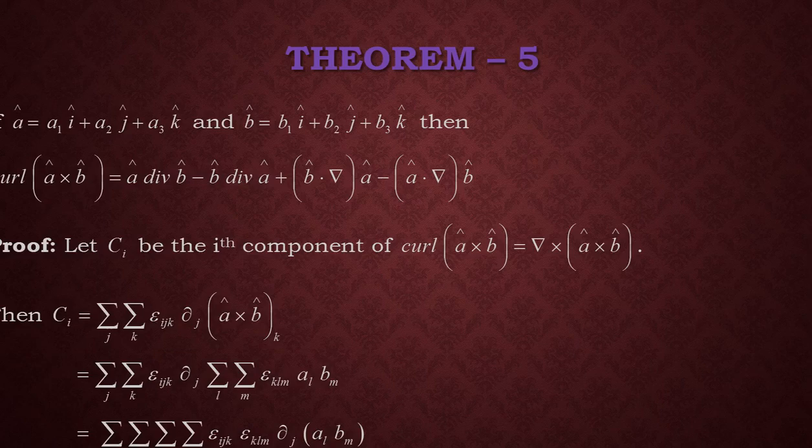Here (a cap cross b cap) suffix k denotes the kth component in a cap cross b cap.